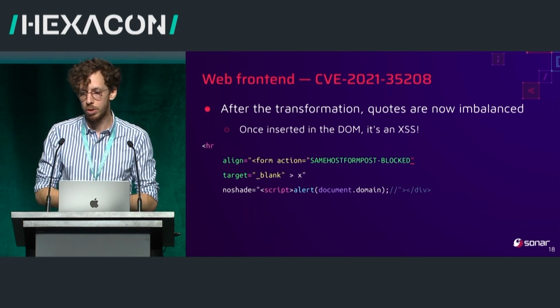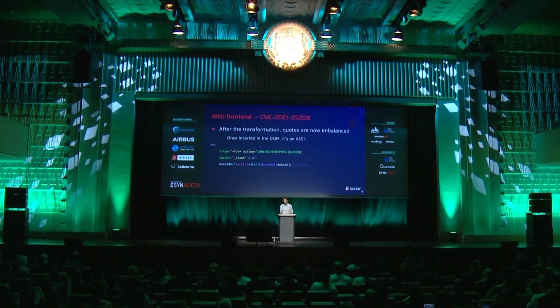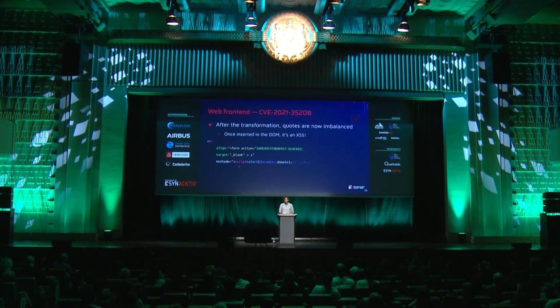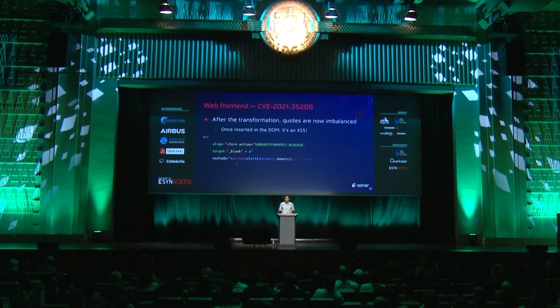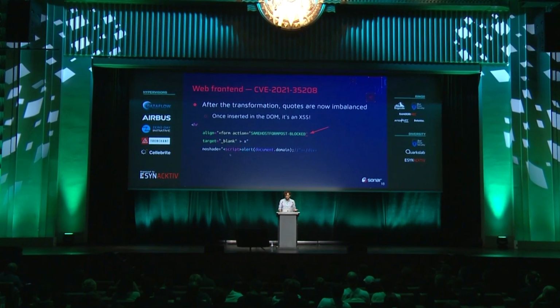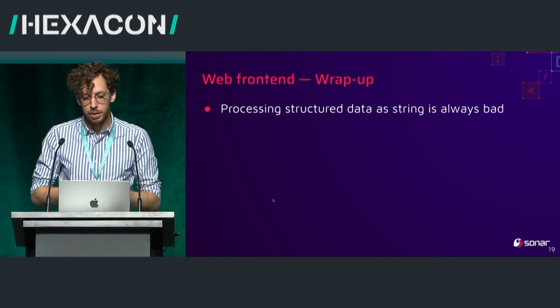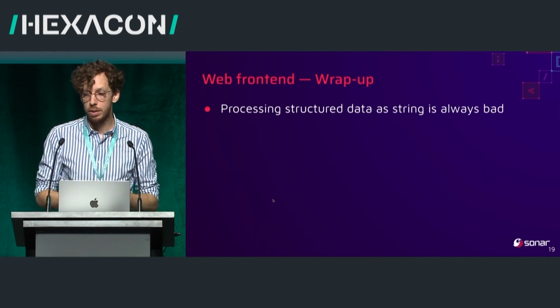So we end up with some script alert that is, I can show you, that is here, that will be evaluated by the browser. So this is the use step, and it's basically an XSS. So by sending this new line, we were able to get execution of arbitrary JavaScript code when you open an email. And in that case, processing structured data as a string is always bad.